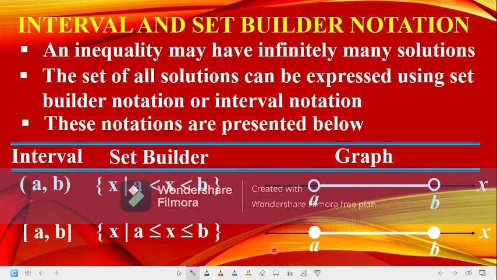So you might be asking, why do we keep writing a first before b? Because we're going to arrange the set from least to greatest. So this is the least one. If we think of a number line, the left side is always the least value compared to the right side. Okay, let's proceed.